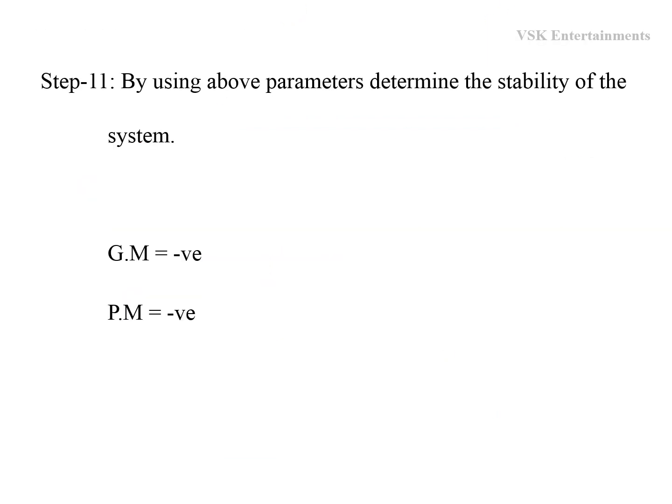After finding the gain crossover frequency, phase margin and gain margin, we have to conclude the stability of the system. In this problem, the gain margin and phase margin are both negative. If gain margin and phase margin are both negative, the given system is unstable. This depends on the stability criteria of a Bode plot, which we discussed in the previous lecture.